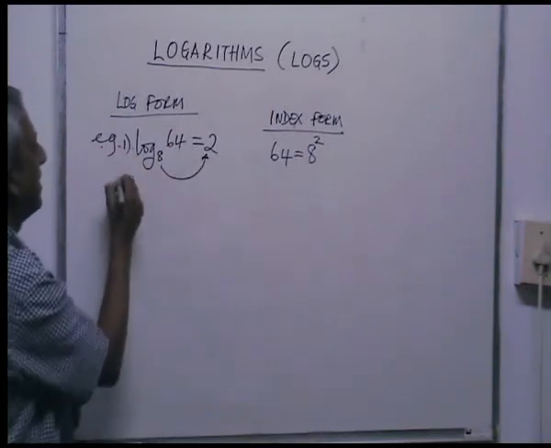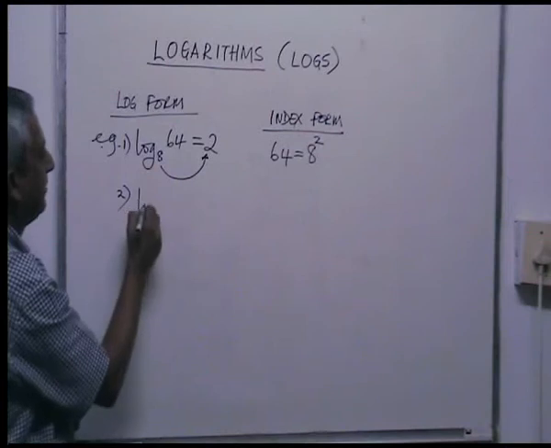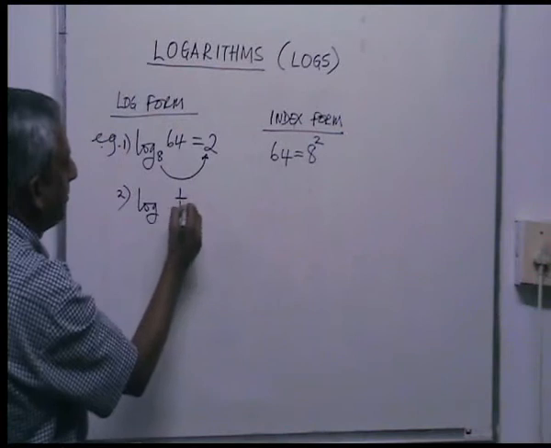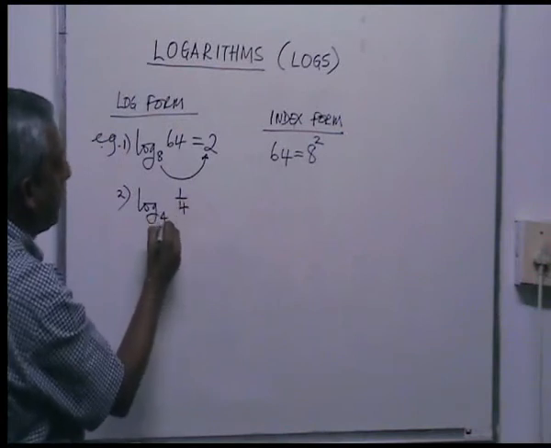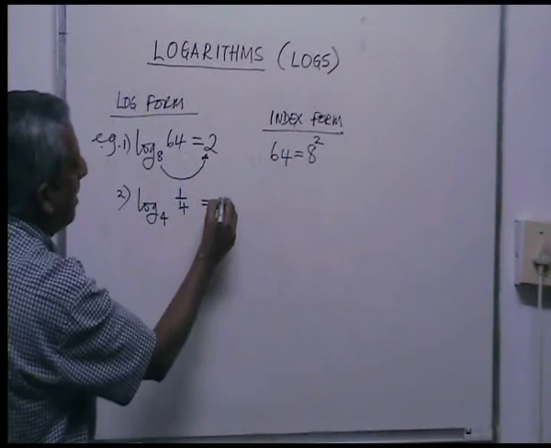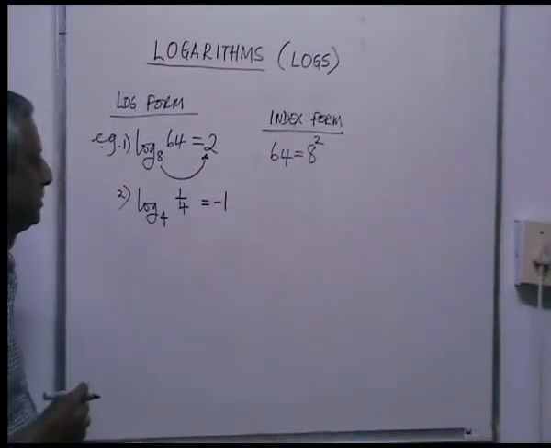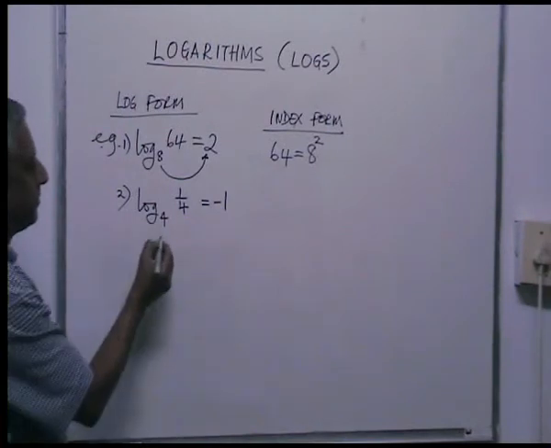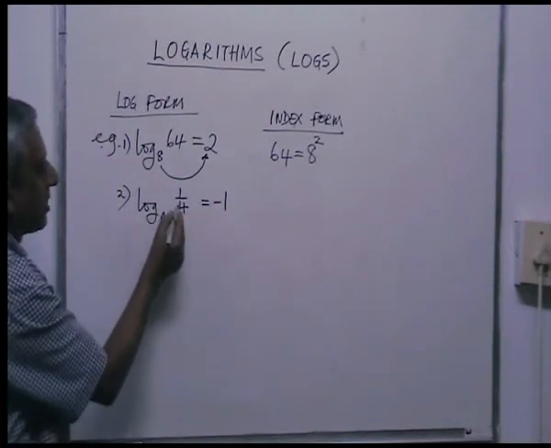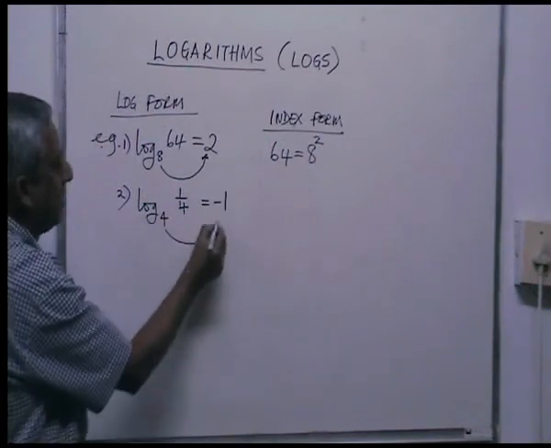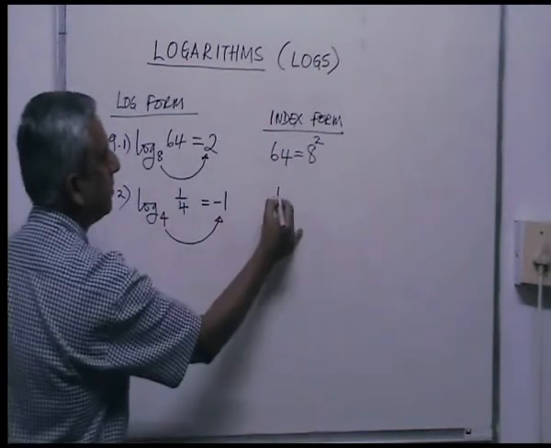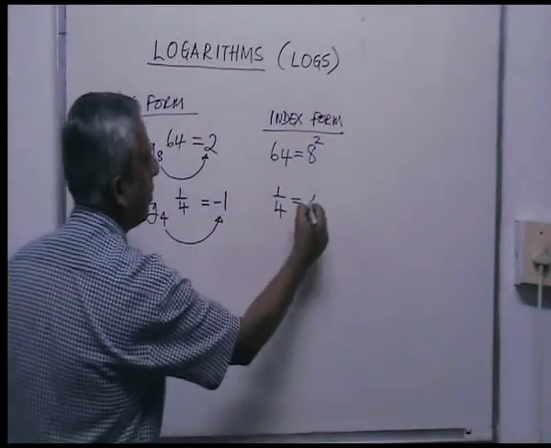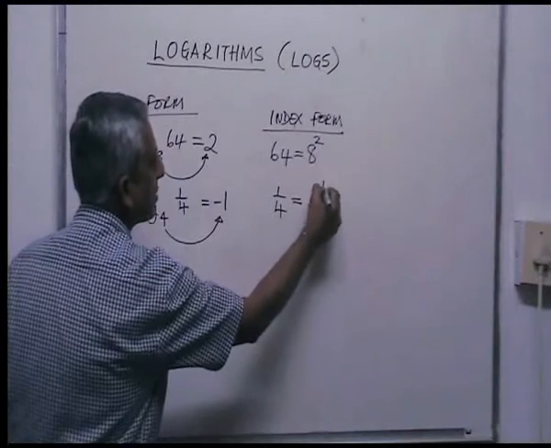Let me just do another example. Example 2. The log of a quarter to the base 4 is equal to minus 1. So, if you're going to write this in index form, you're going to say, well, a quarter is equal to 4 to the minus 1.